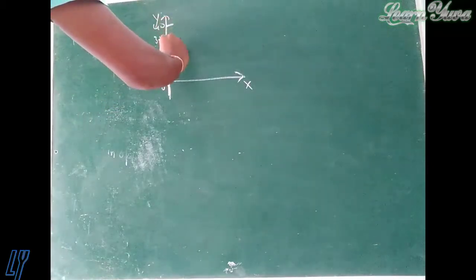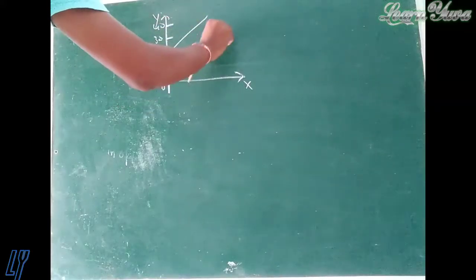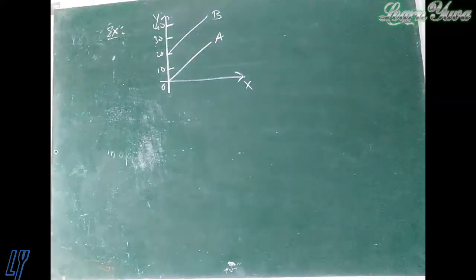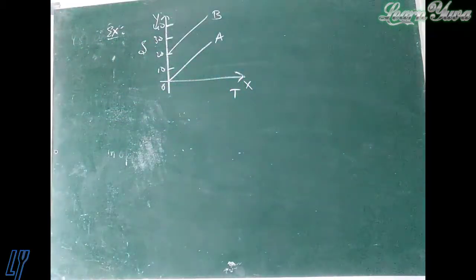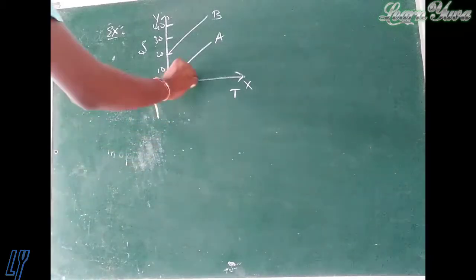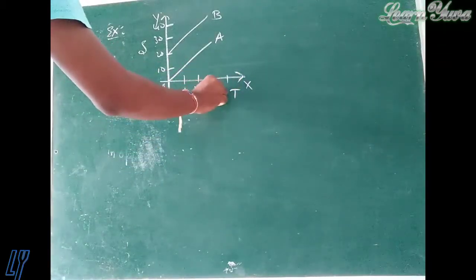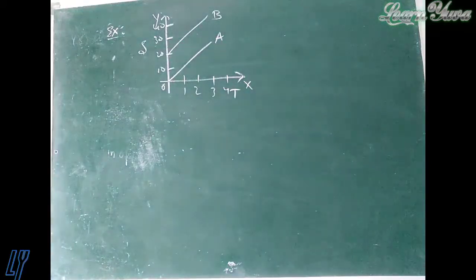So the graph will be like this, A and B. What would be the points for this graph? Here it is distance and it is time. Let's say the time is 1, 2, 3, 4.